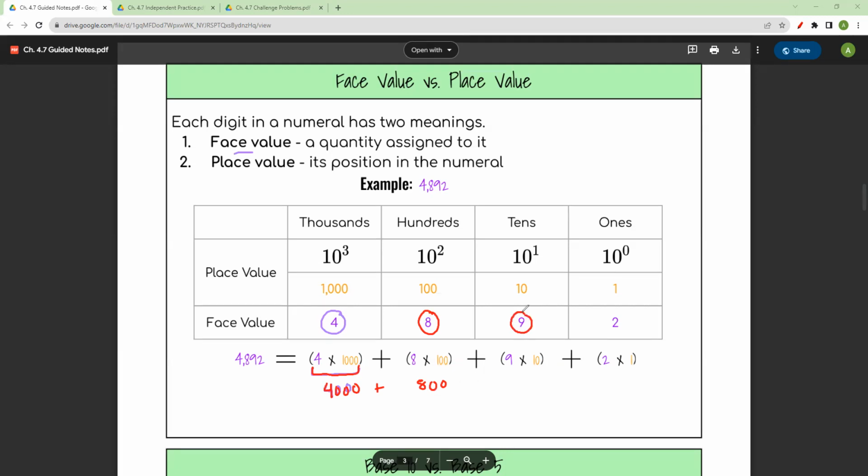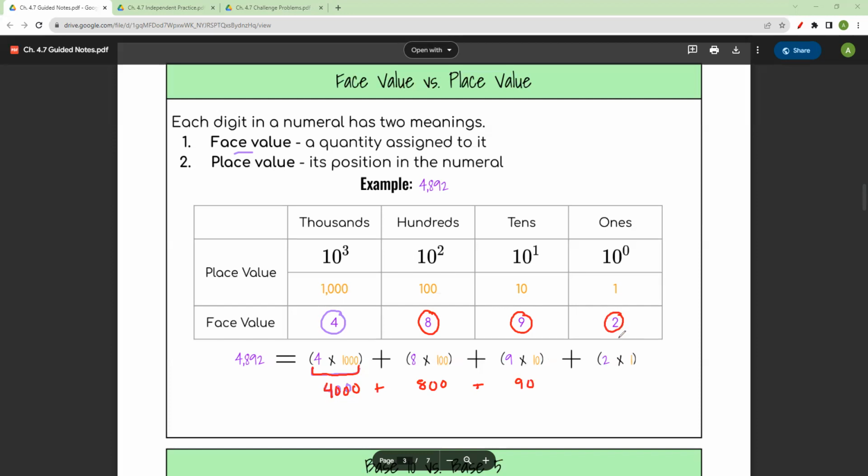Now we have a 9. The 9 is quantity 9. That's the face value. But where is it in the place value? It's in the tens column, or the tens place value spot. So that is a quantity 9 of 10. So it's 9 times 10. So that's 90. And then we have a face value 2.